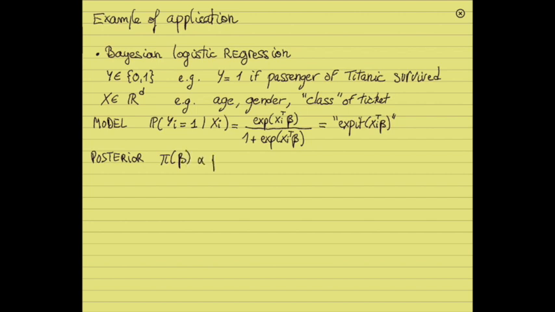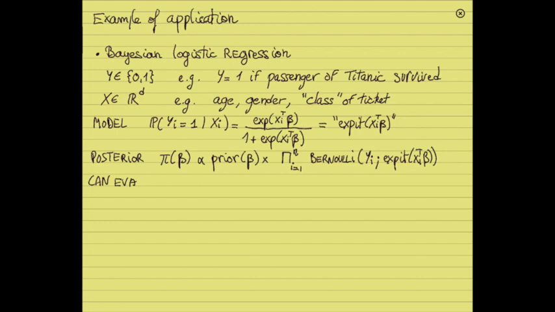So in Bayesian inference, we would be interested in the posterior distribution of the regression coefficient beta, obtained as the prior, for example, some Gaussian centered at 0 with some variance, multiplied by the likelihood, which is a product over the n individuals of a Bernoulli probability evaluated at the observed y and with this expit probability.